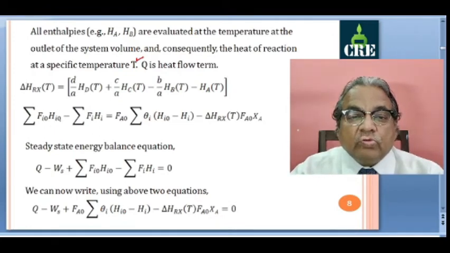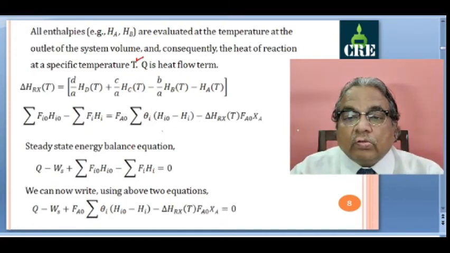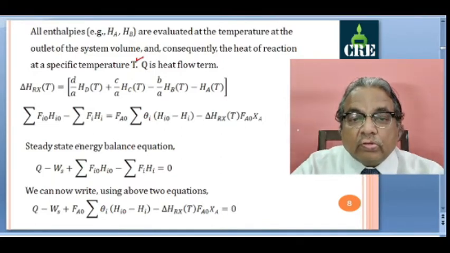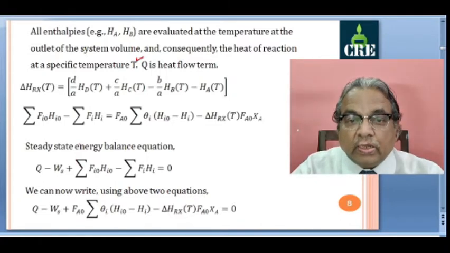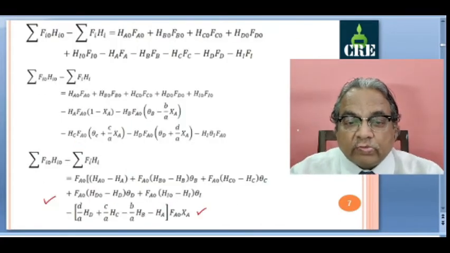Then Fi0 Hi0 summation minus Fi Hi, our earlier term. So this is Fa0 theta I Hi0 Fi. Now look at this equation.